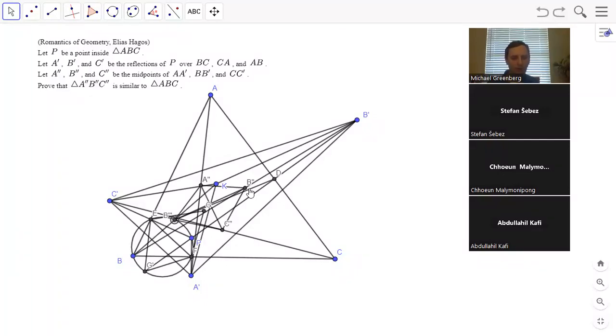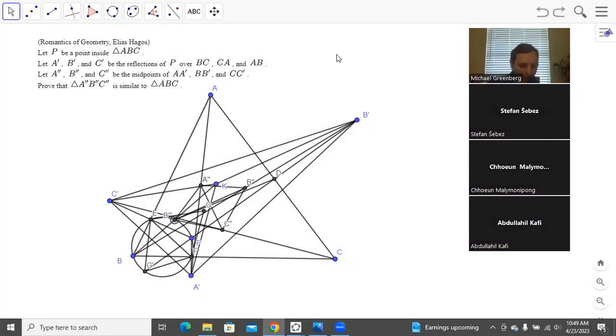I don't even know if we need B triple prime. We need it for K. Oh yeah, we do. Okay, so B triple prime reflect B double prime and K is okay. We then need to show, by this definition of K, that K is the reflection of B over B triple prime. Yes.